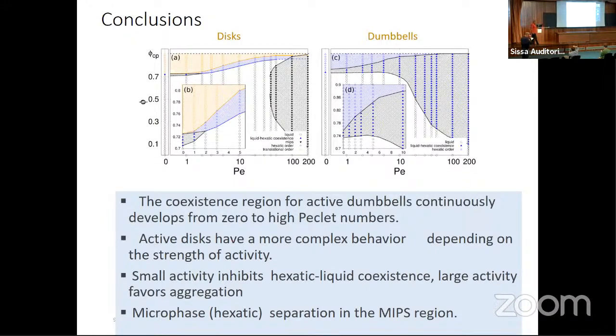Actually, to promote it, what we found is that when inertial effects are important, the hexatic region becomes larger, for example. When you go from overdamped to underdamped motion, the critical line does not go towards the high part of the phase diagram.